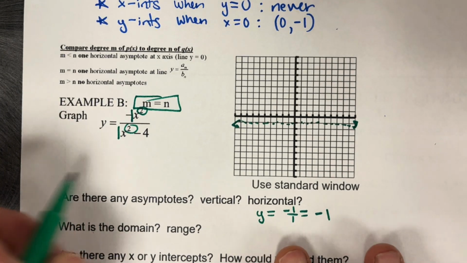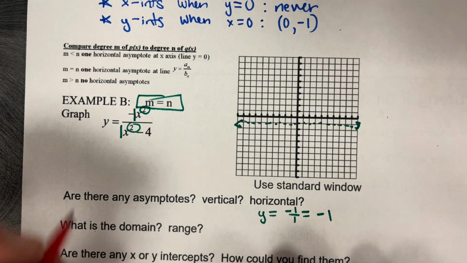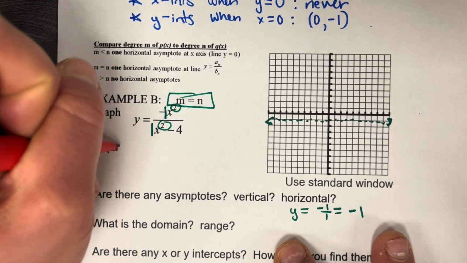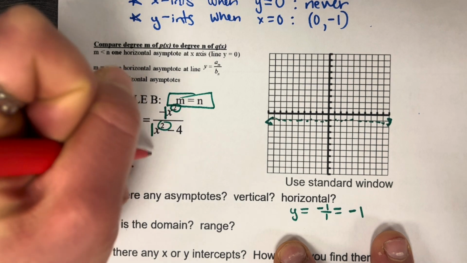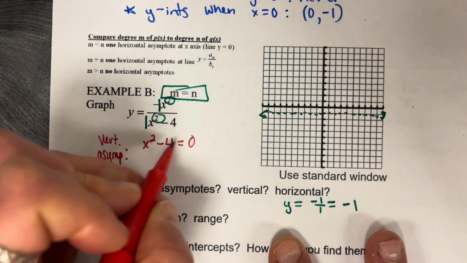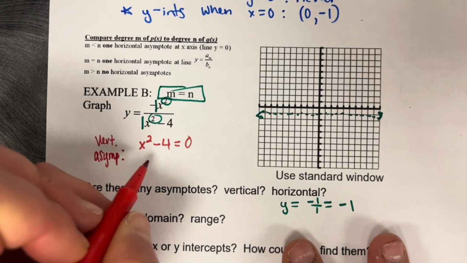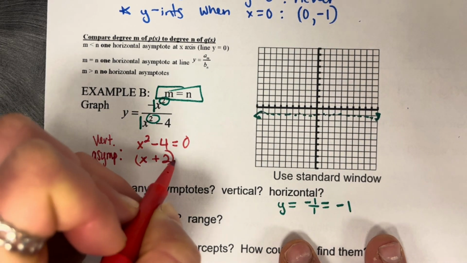And then we want to look for vertical asymptotes. So when does the denominator equal 0? We could do this by factoring, or by square roots, but I'm going to do it by factoring. I know this is a difference of squares.